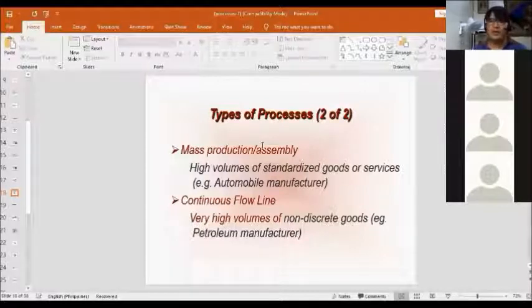Okay, so when it comes to employees, kung kanina sa job shop ay skillful, dito medyo skillful sila pero not as skillful as job shop. Ito yung mga employees na marunong mag-operate ng machines. Ito yung mga kailangan mo in a continuous flow line or in mass production or assembly. Okay? Ayan.